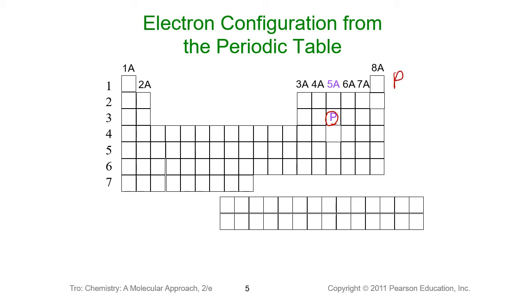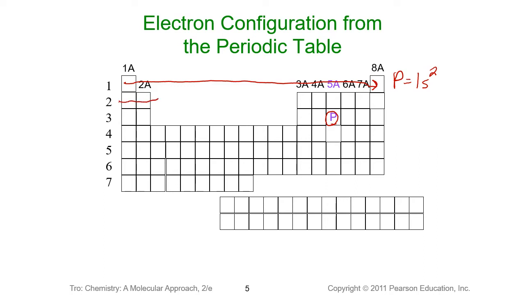For phosphorus, we start by reading at the upper left-hand side of the periodic table, and we go through the 1s orbital with 2 electrons in it. So we write the 1s orbital and a superscript of 2 showing us that that s orbital is completely filled.